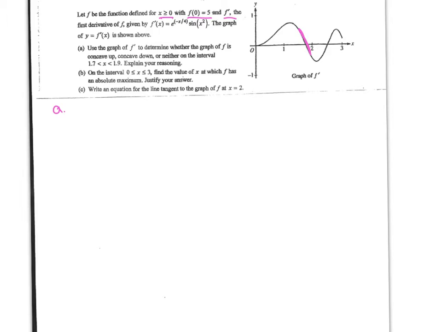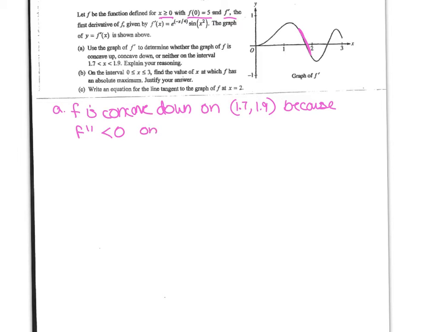That is f prime. Concave up, concave down. We use our f double prime. So f is going to be concave down on the interval 1.7 to 1.9 because f double prime is less than 0 on this interval.